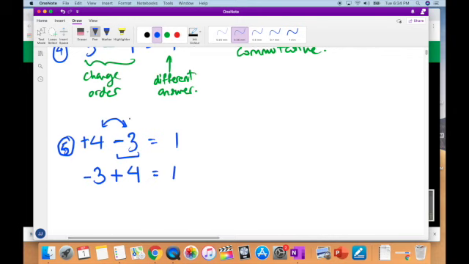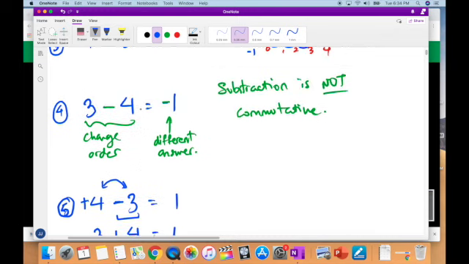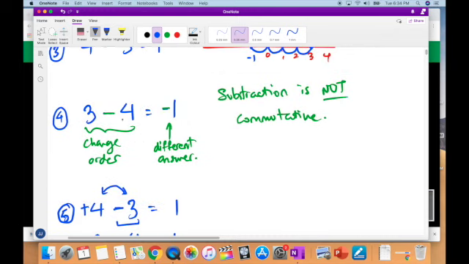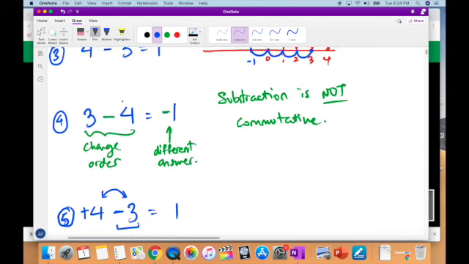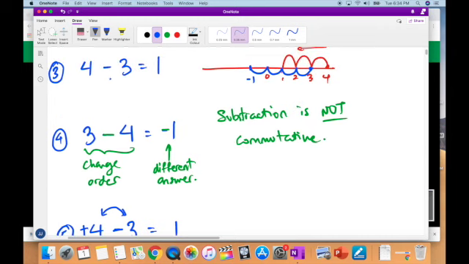So you could see here that subtraction is not commutative because we left the subtraction sign in the middle. The 3 was negative here, but the 3 is now positive here. So this does not technically say that we change the order. No, this is not changing the order.